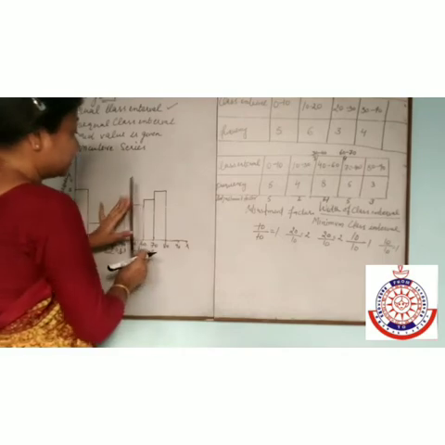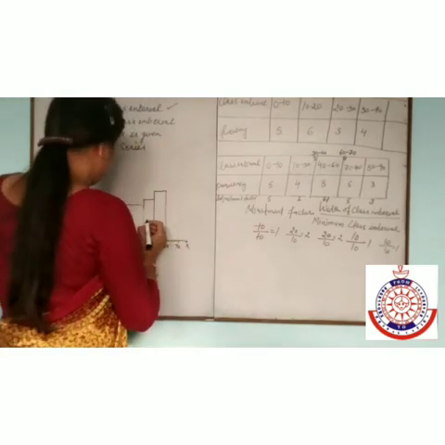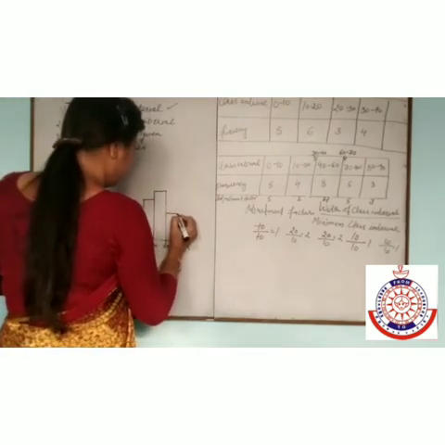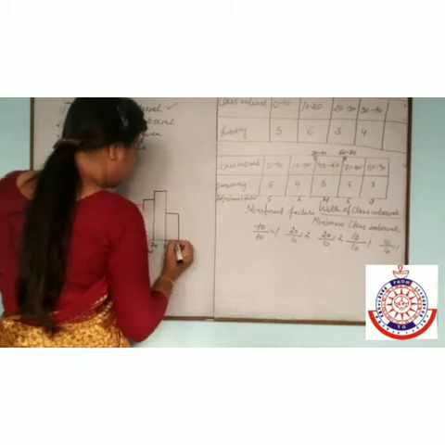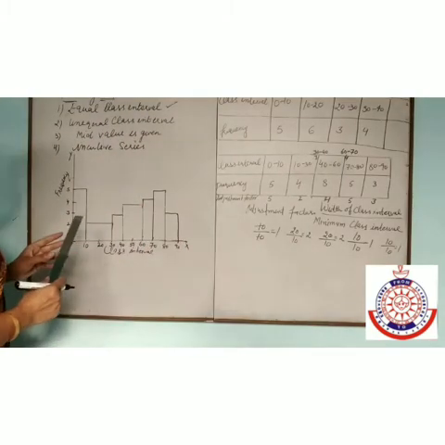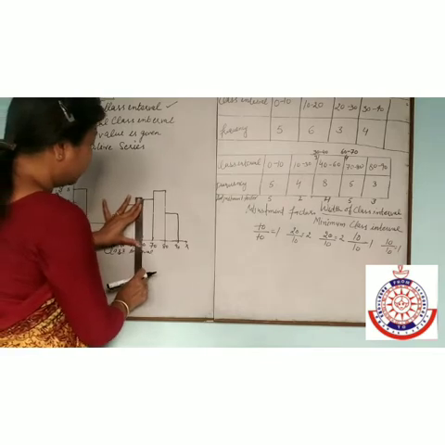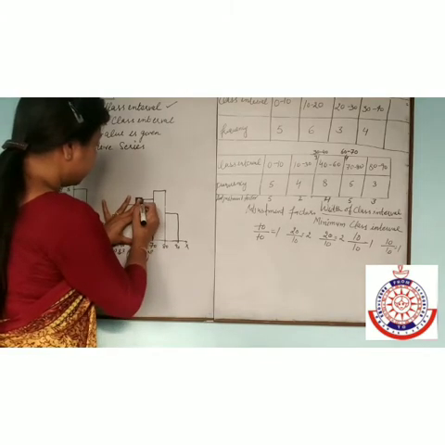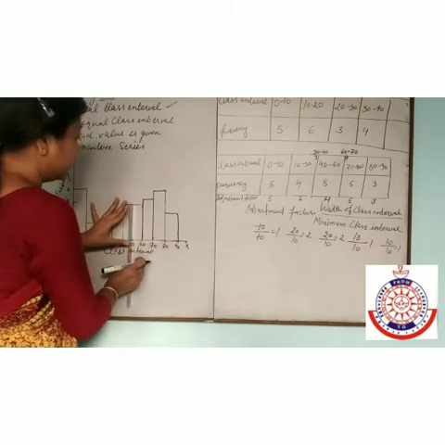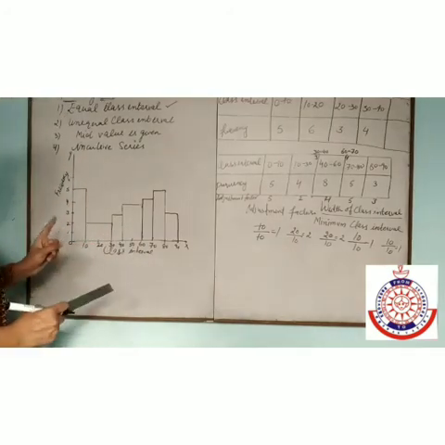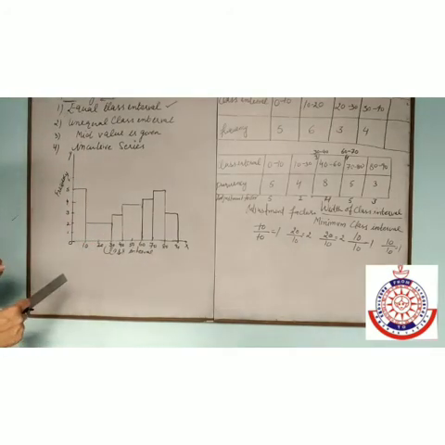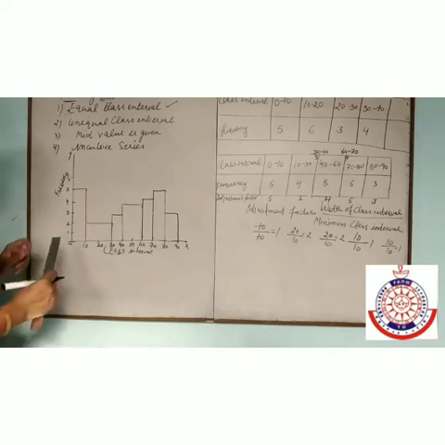And last is 80 to 90, that is equal to 3. So this is our histogram when unequal class interval is given. When unequal class interval is given, we can draw the histogram like this.